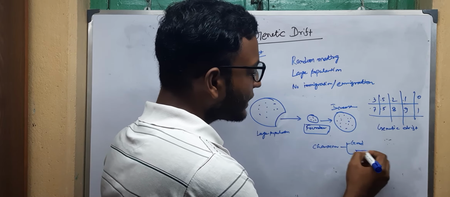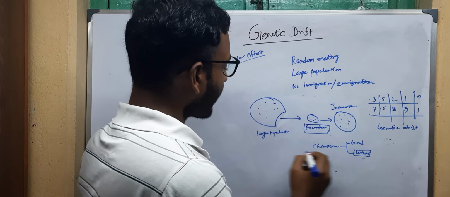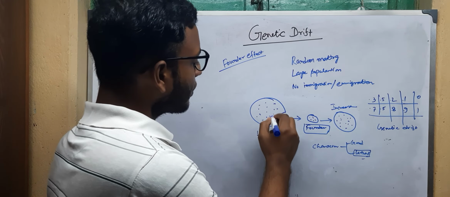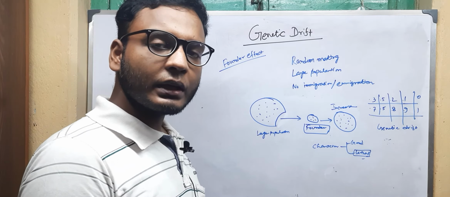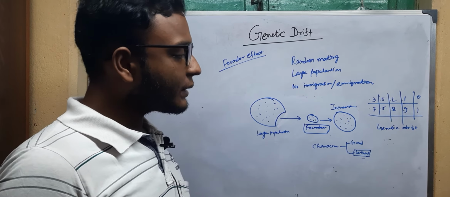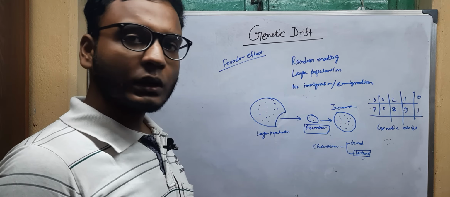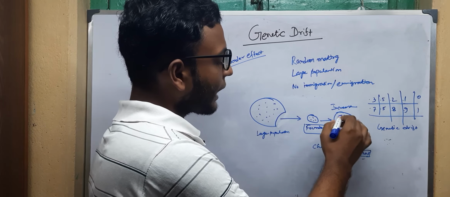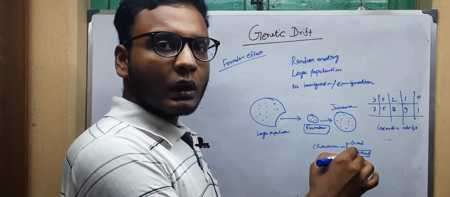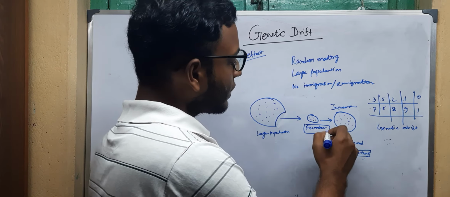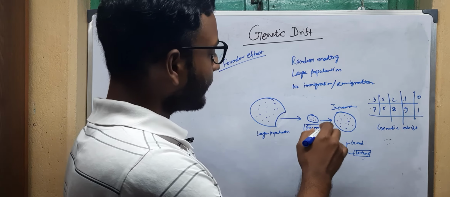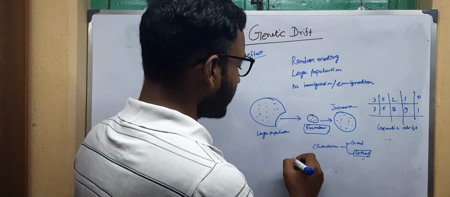So if a gene which produces a lethal effect in an individual, or an illness, is present, it can be seen in this new population, the founder population. This phenomenon is known as the founder effect.